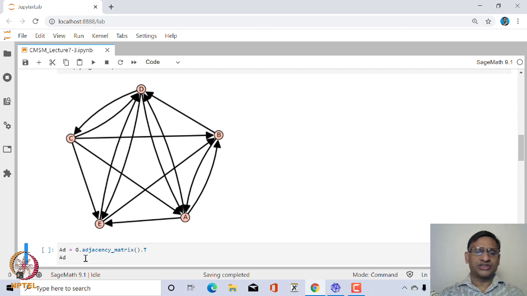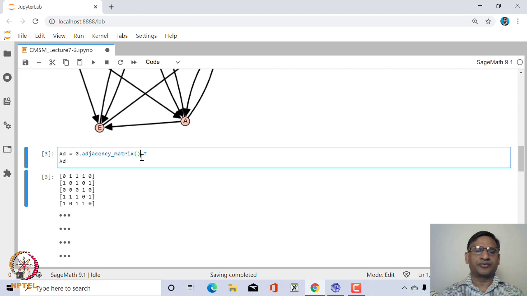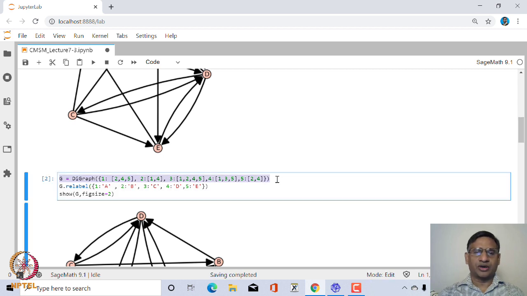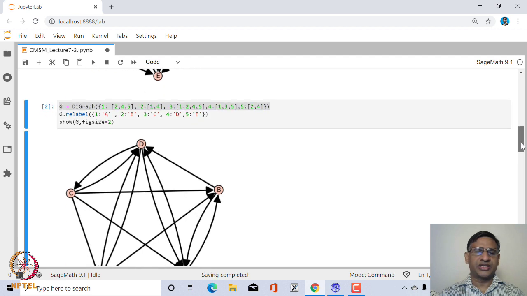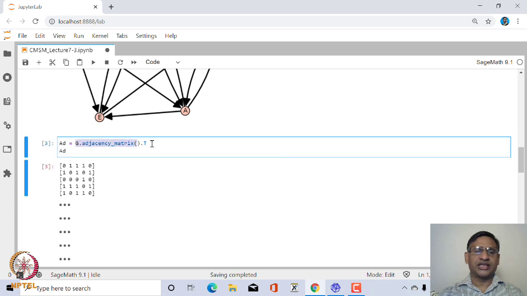That matrix is known as the adjacency matrix, and Sage has an inbuilt function to find the adjacency matrix of any graph. Here G was defined as a graph of vertices and edges. This is a directed graph. So, you can find the adjacency matrix of this using G dot adjacency and then transpose.